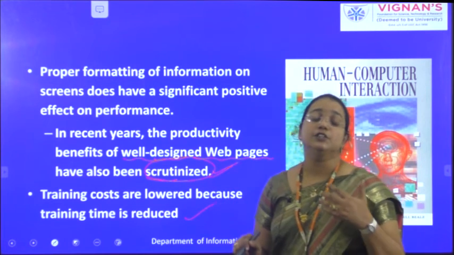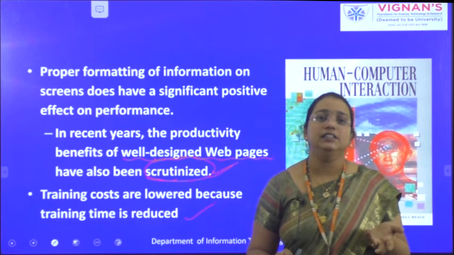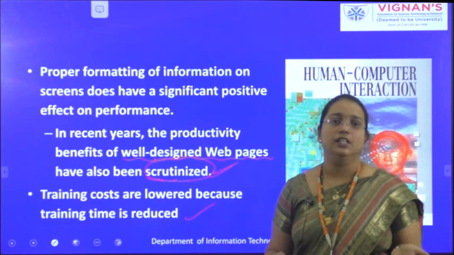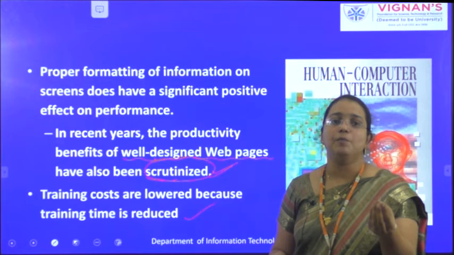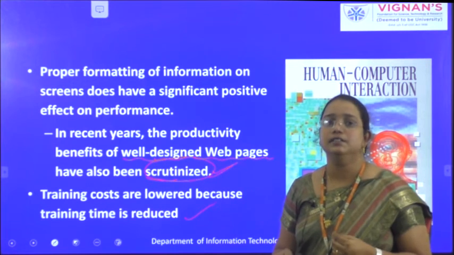If it is good design, the training cost will be lower. If it is poorly designed, the training cost will be higher. They have to spend so much on training for using those particular screens.